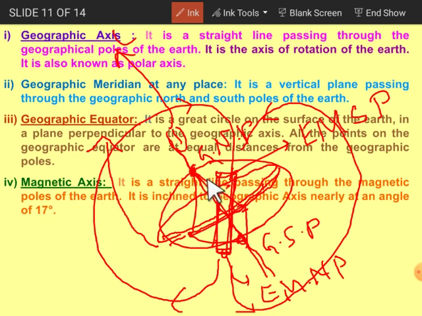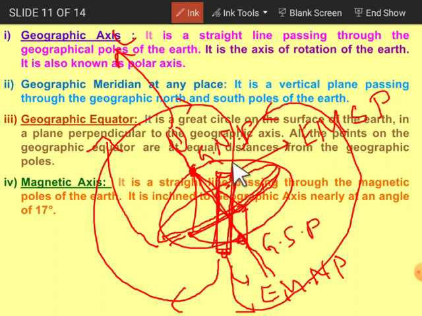And the angle between your geographic axis and this magnetic axis will be around 17 degrees. They are not lying one above the other, not parallel to each other. They are tilted by around 17 degrees.